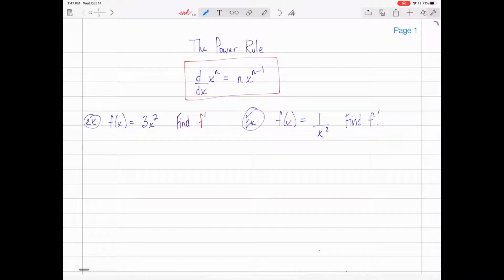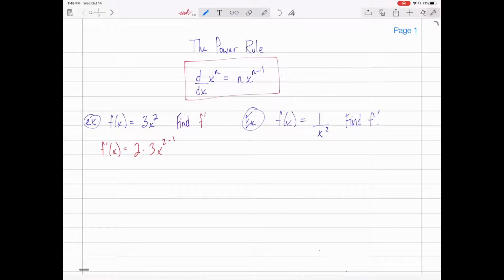So for this first example, we have f of x equals 3x squared. Find f prime. Okay, so f prime of x, all I'm going to do is apply this right side of this equation. So I bring the n value down. So it's 2 times 3 times x, and then I go 2 minus 1.